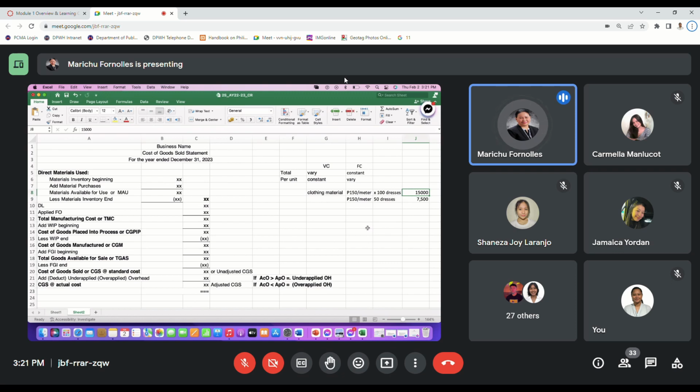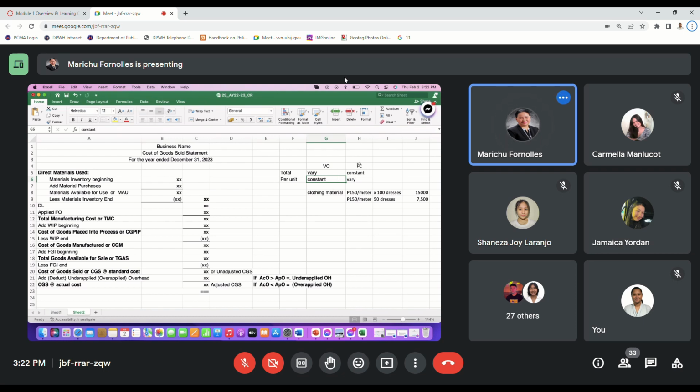So if you divide 15,000 by 100 dresses, the cost per dress is 150. If you divide 7,500 by 50 dresses, you get the variable cost per unit at 150 pesos per dress. So that is constant. It remains the same on a per unit or per dress basis.